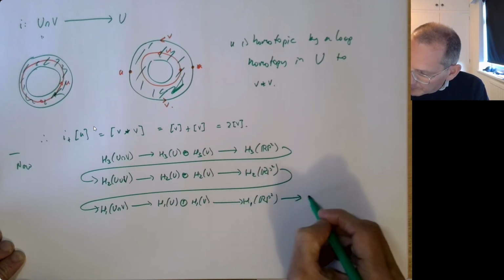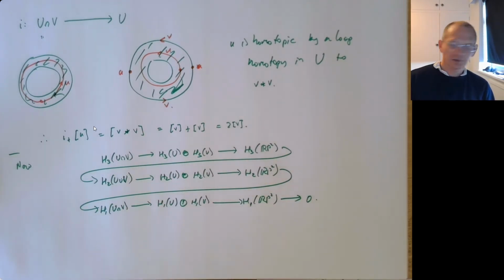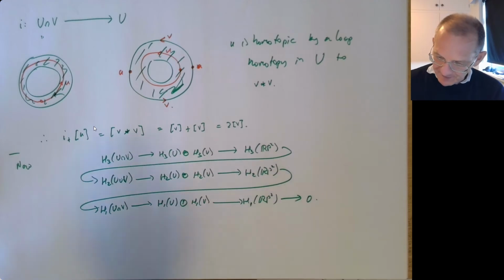And everything's connected, so we can do a truncated version of the Mayer-Vietoris sequence, so we just have a 0 there.